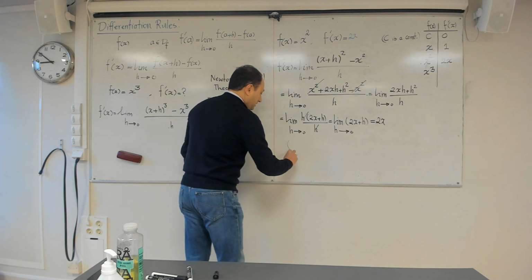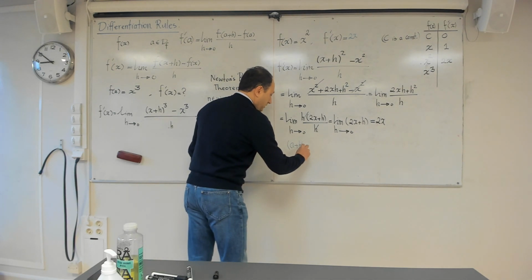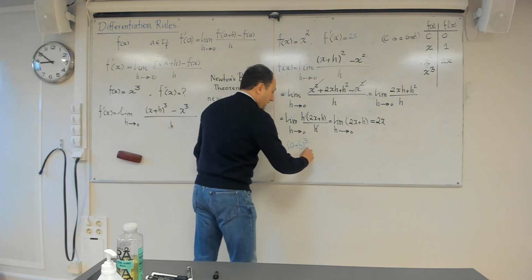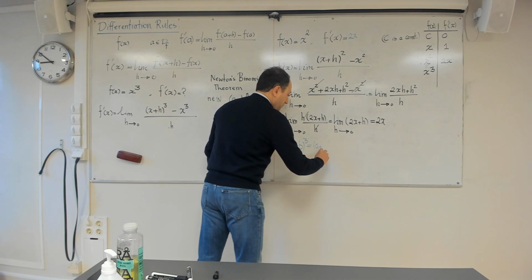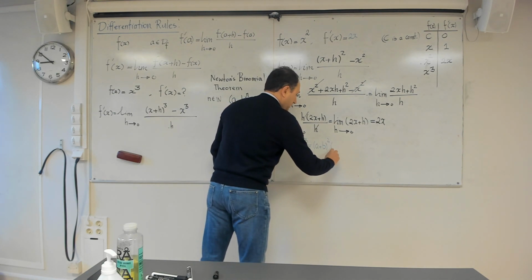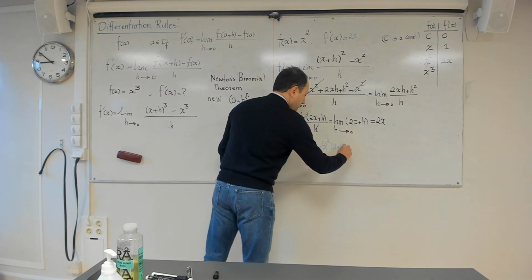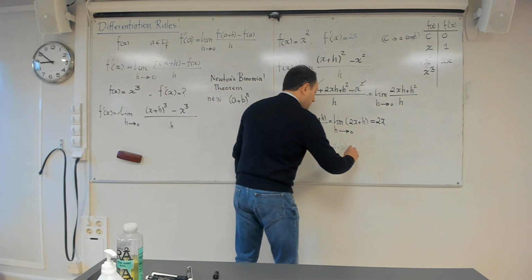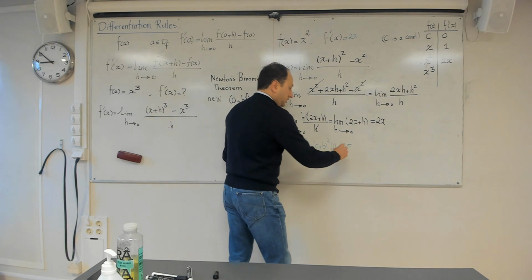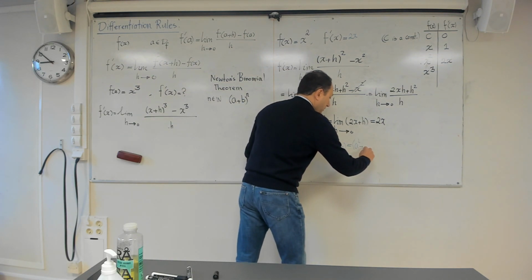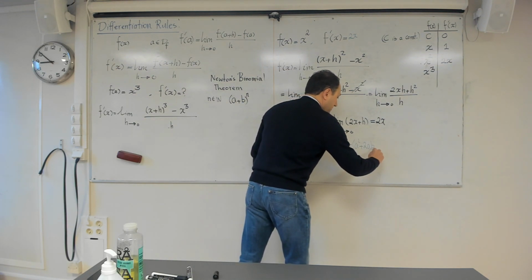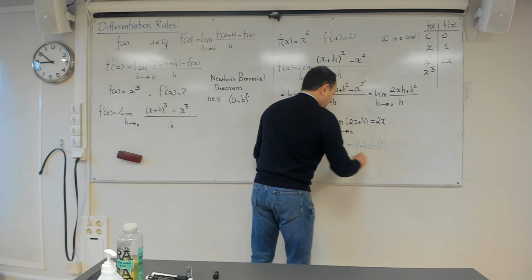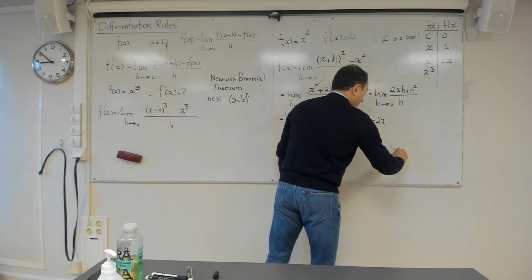So assume that I want to expand (a + b)^3. As Kevin said, I can write (a + b)^2 and then multiply it by (a + b). Agree? That's the meaning of (a + b)^3. But we know that this one is a^2 + 2ab + b^2, and then I have (a + b).